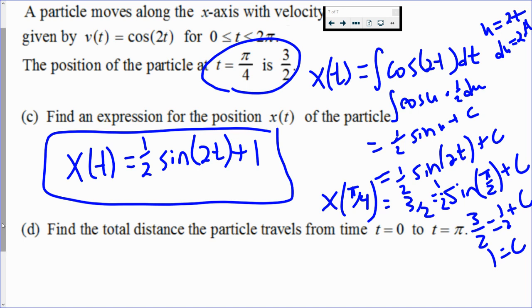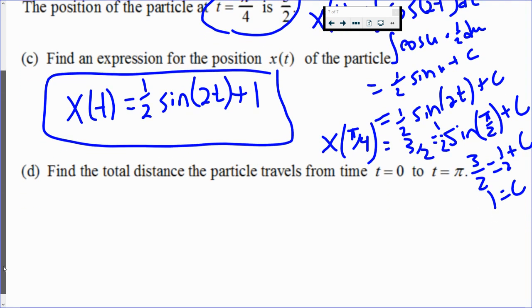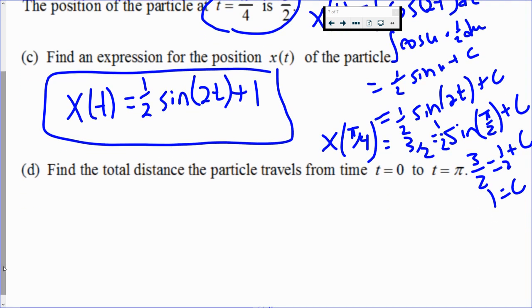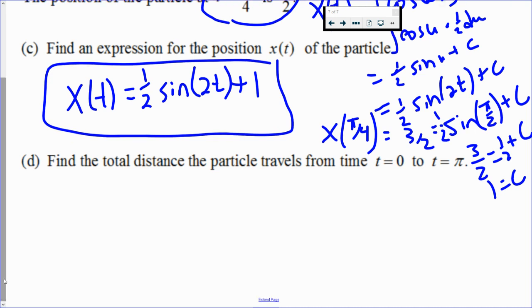Okay. Part D, find the total distance the particle travels from t equals 0 to t equals pi. Okay, so we know we're going to plug in 0 and pi into our position equation. However, we also need to check between 0 and pi, was there anywhere where our particle was changing direction?